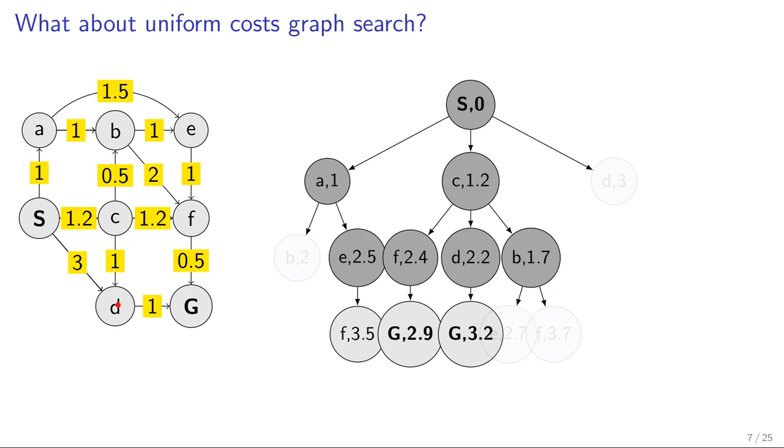So we have D here, 1.2 plus 1 or 3, and we need to get to the goal with the cheapest route. So it's not interesting to keep alternatives that were more expensive. This is not useful at all because we have this thing here. So we just don't need that, and we're never ever gonna need that.